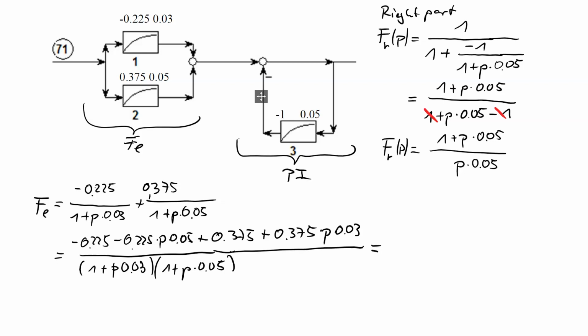Okay, now we check what happens. This is resolved into the following expression. Plus 0.375 minus 0.225 is 0.15. And the P times negative 0.225 times 0.05 plus 0.375 times 0.03 is, I have to start my calculator.